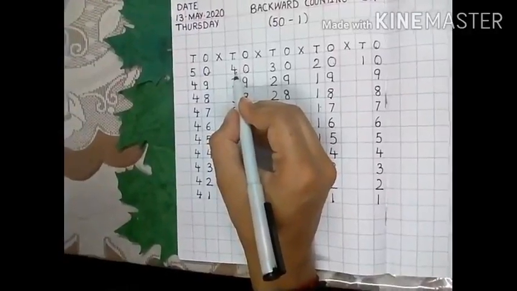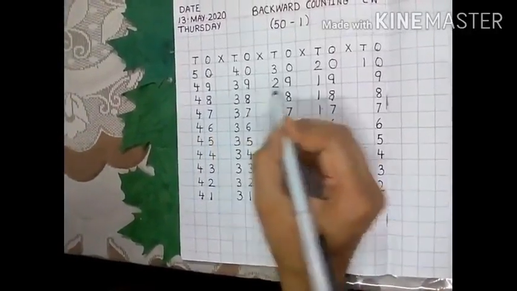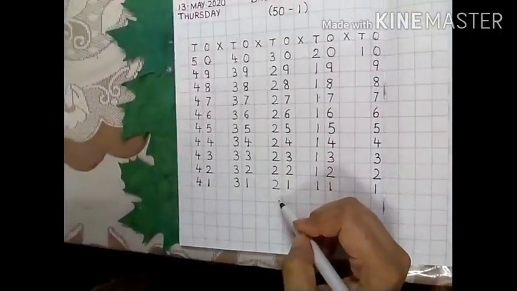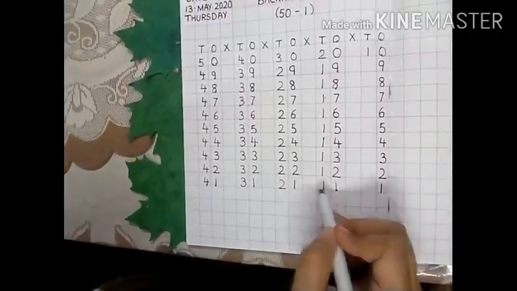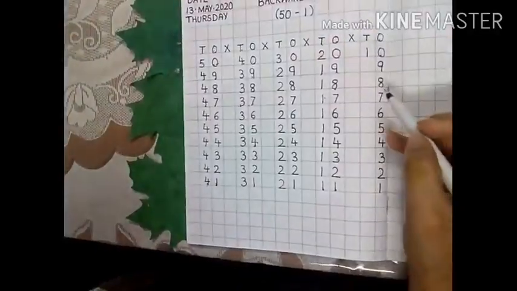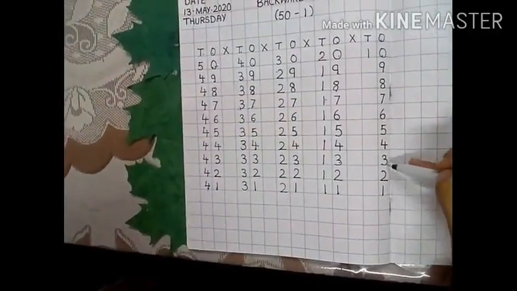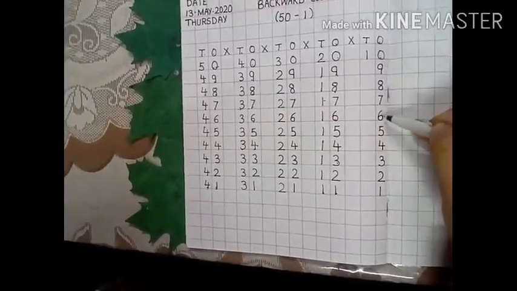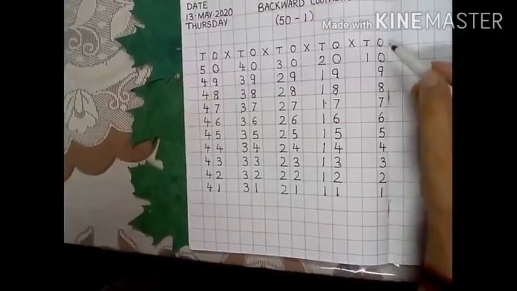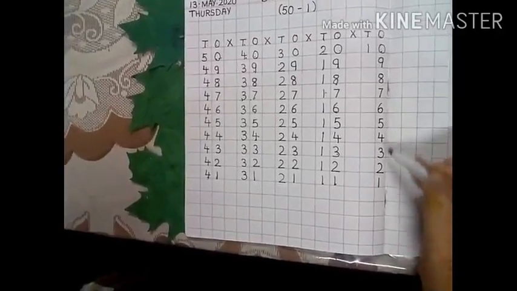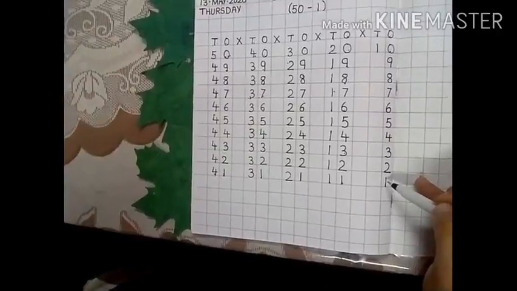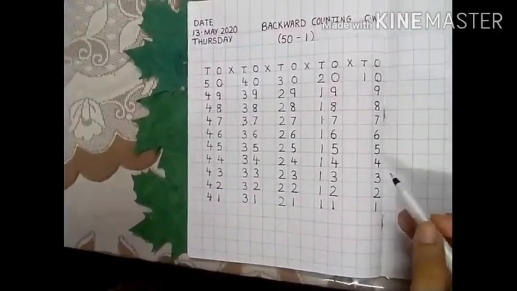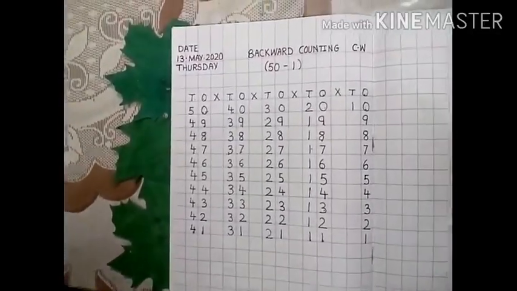Likewise, we have to write 11 to 50 in two columns. Now come to the next line. 1 to 9 are single digit numbers, so we have to write them in the second column, in the ones place. Okay class, now we will write and learn backward counting, which is the main topic of our subject today.